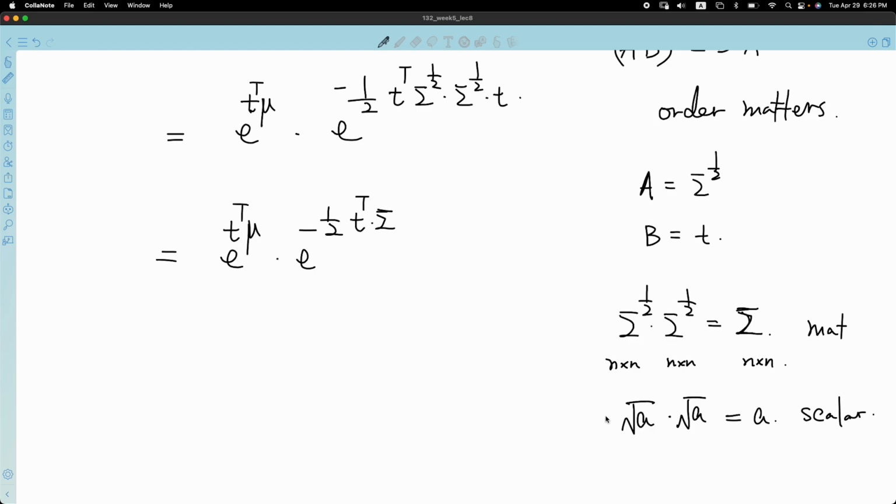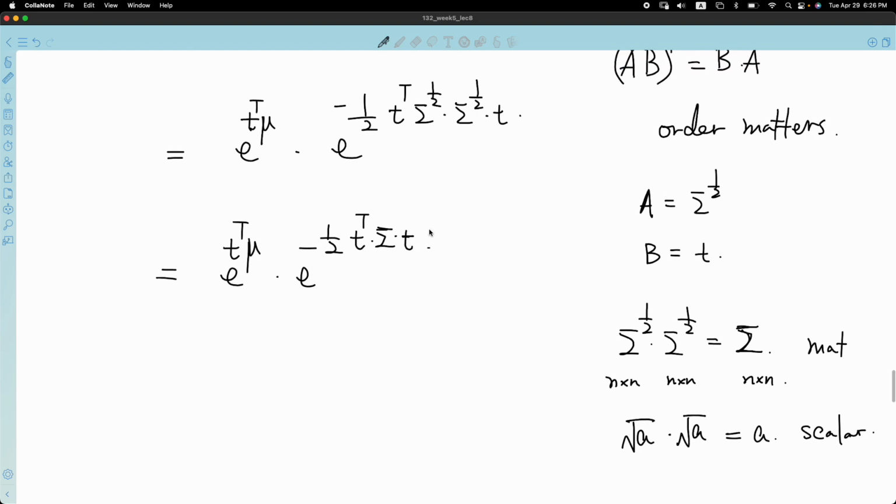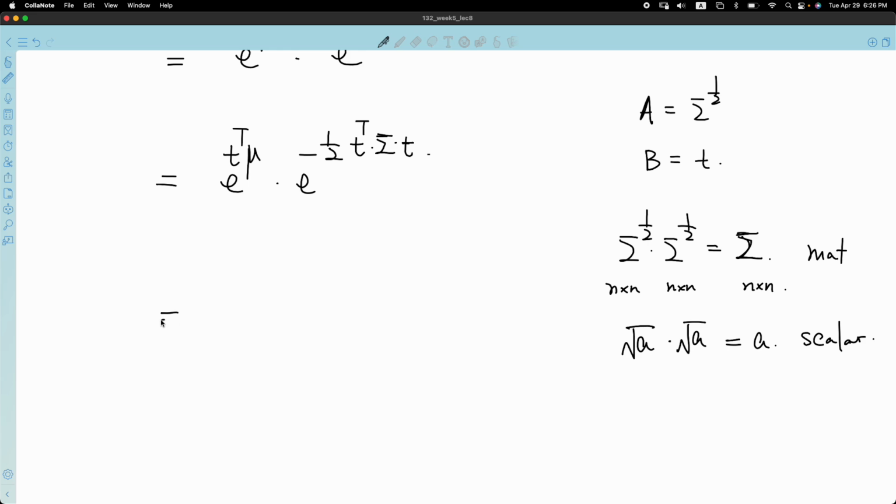Equivalently it's just the scalar version, but in this case it also works on the matrix, multiplying by T. Now I'm going to group the two products together: e of T transpose mu plus 1/2.